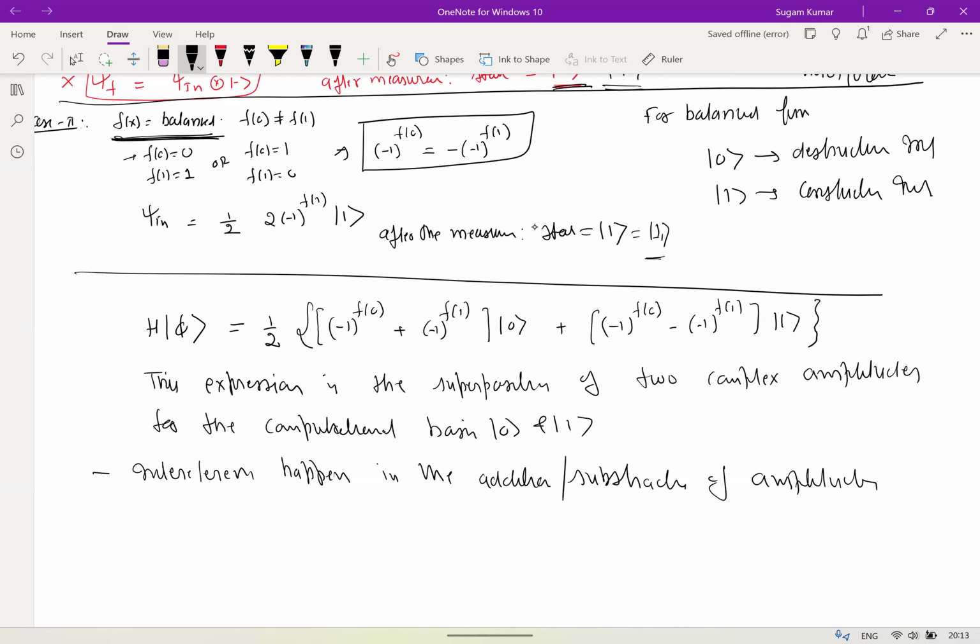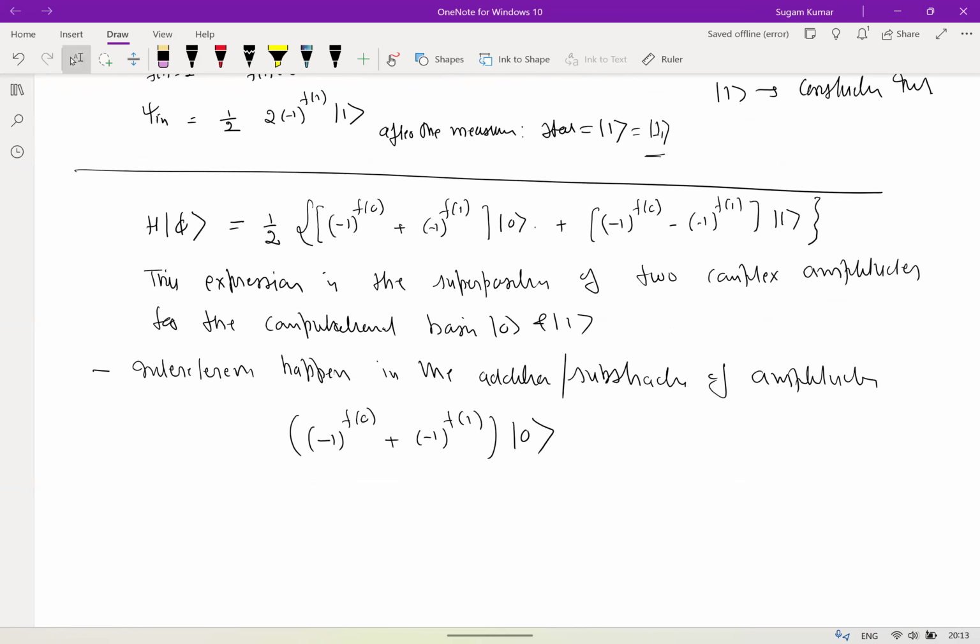So what is happening here? Look at this equation. If you just look at only one part, (-1)^f(0) and (-1)^f(1), this is the amplitude which comes with a phase. Here you are adding two complex numbers. These two complex numbers are nothing but phases. It is like adding two waves.